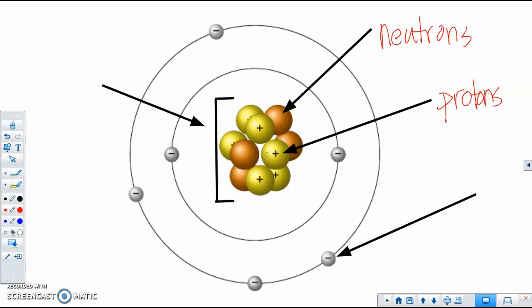Protons are positively charged particles in the center. This here is our nucleus. And then surrounding the nucleus are the last particle, we call those electrons. So what we want to be able to do is tell how many of each of those are going to be in any given atom.